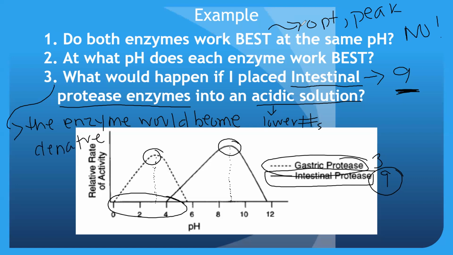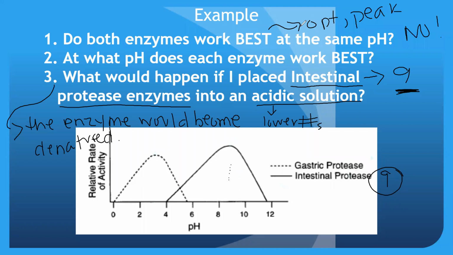So it's not enough just to say that the reaction wouldn't happen or the enzyme won't do any work. I need you to tell me why. Why would the enzyme not do work? Because it's denatured. And the graph further supports us on that, because look at this.